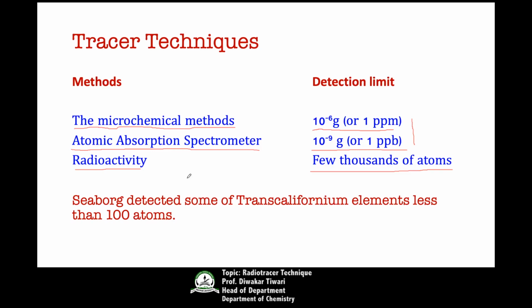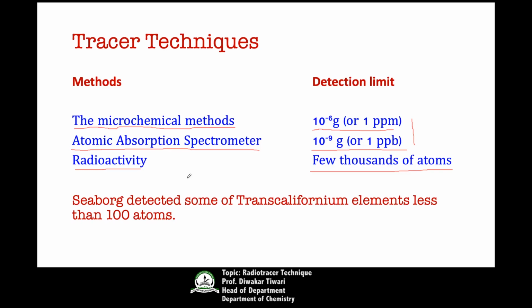If you want to detect arsenic in drinking water, the regulatory bodies say that the maximum contamination level of arsenic in drinking water should not exceed 10 ppb. So you need a technique which can detect arsenic much below 10 parts per billion.